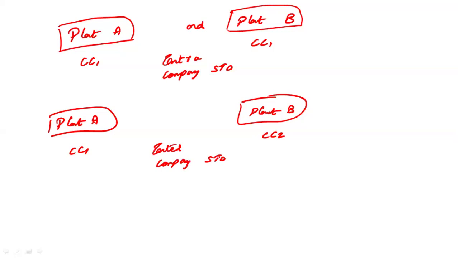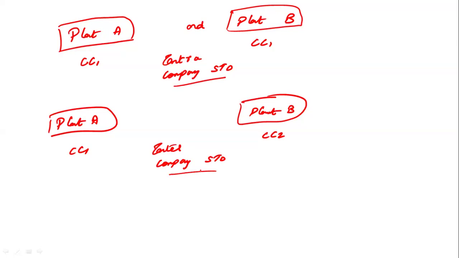So this is the difference. If both the plant A and plant B belongs to same company code, then it is called as intra-company STO. If both plant A and B belongs to different company code, then it is called as intercompany STO.